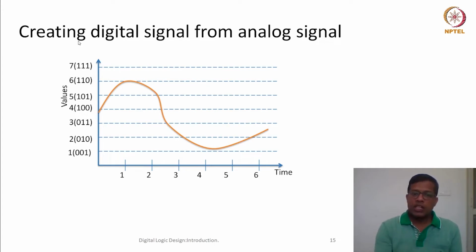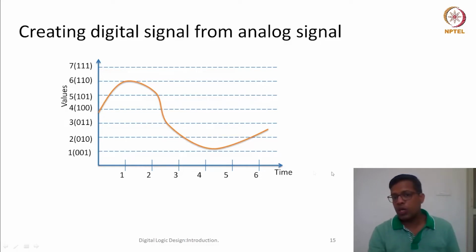Now we see this particular signal is essentially continuous in value. The value is somewhere between 3 and 4 when time was 0, and it was increasing, and when time was 1 it was around 6. So it is continuously changing, in values as well as with respect to time.